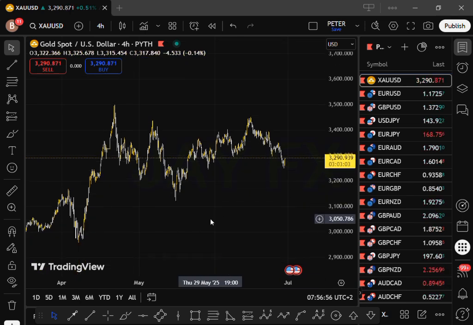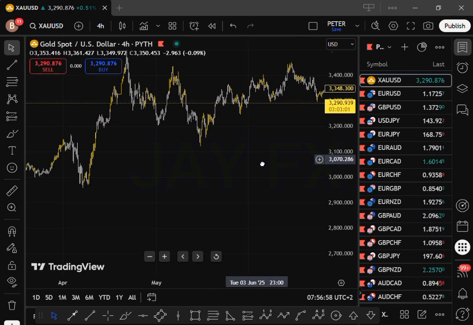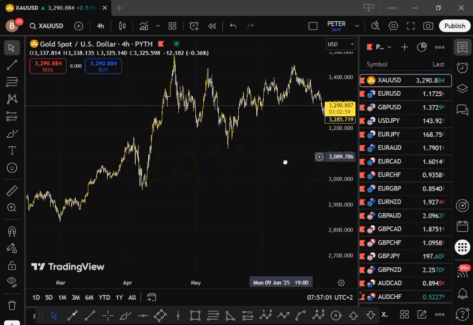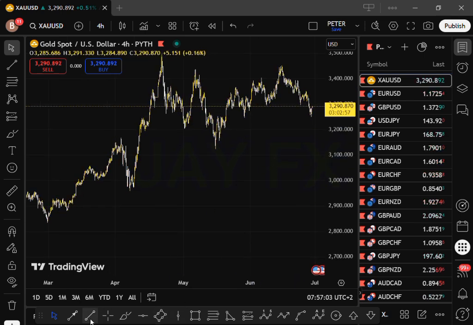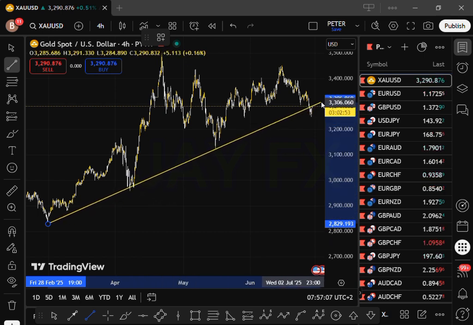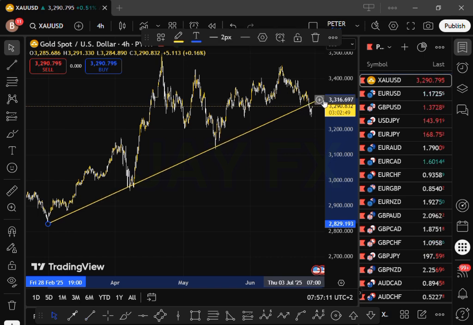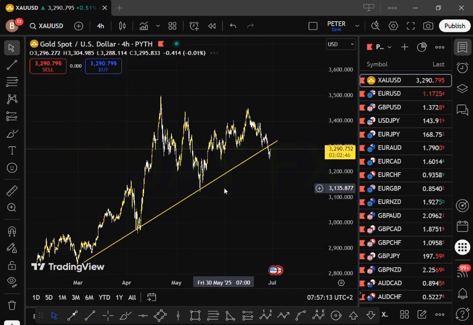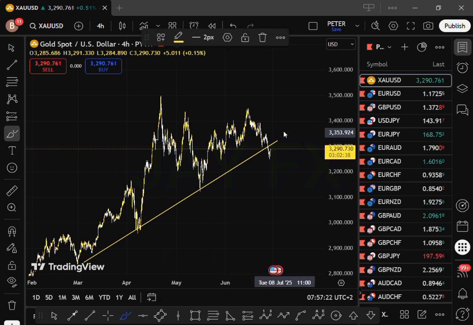As you can see, gold clearly shows the strongest downtrend ever. Let me just show you by giving you this trend line, and you will understand what I am talking about. Gold has managed to break this trend line on the 4 hours time frame.